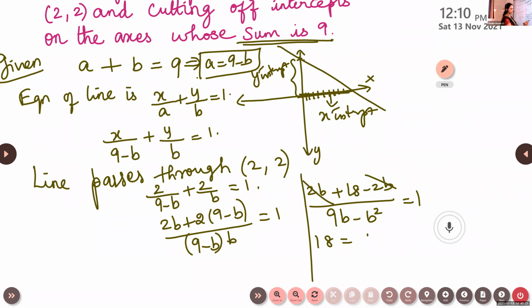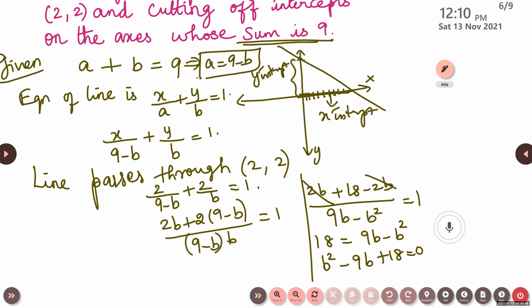So 18 is equal to 9b minus b square. When we rearrange, b square minus 9b plus 18 is equal to 0. Product is 18, sum is 9. What are the factors?